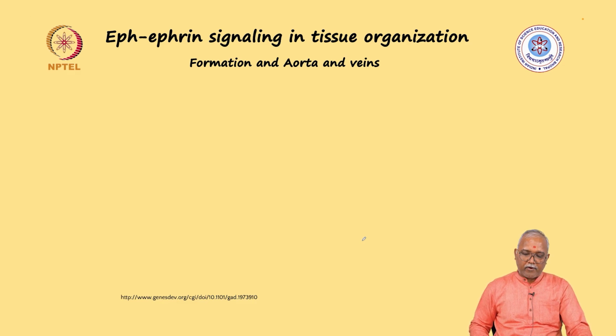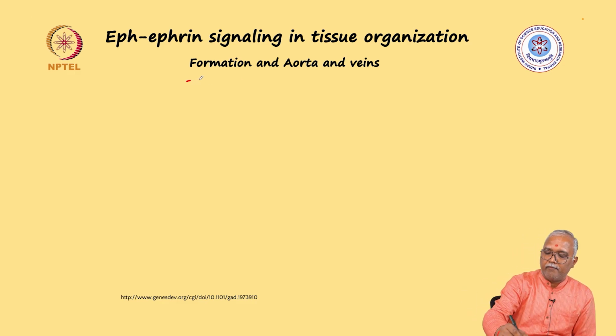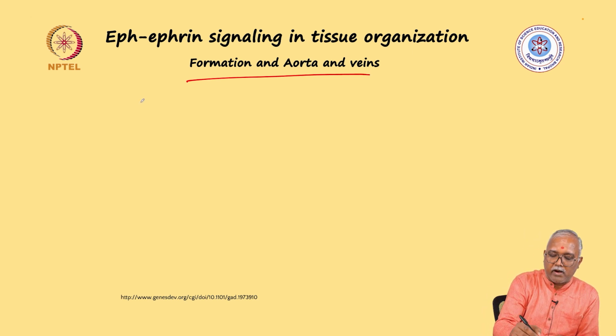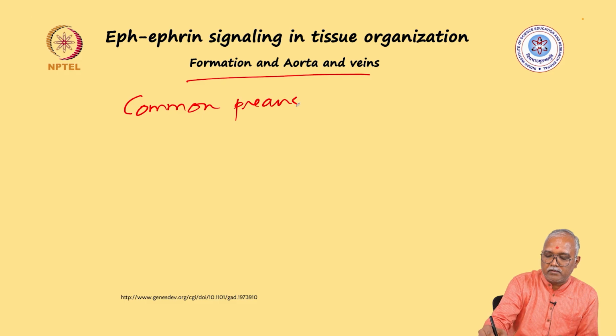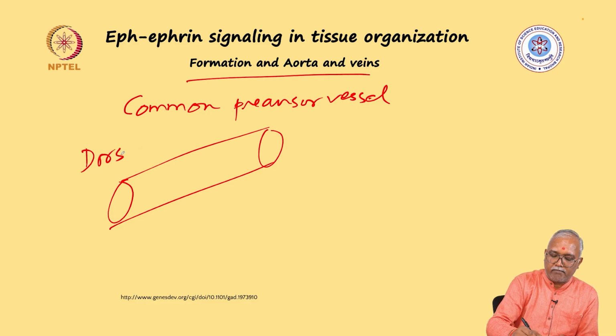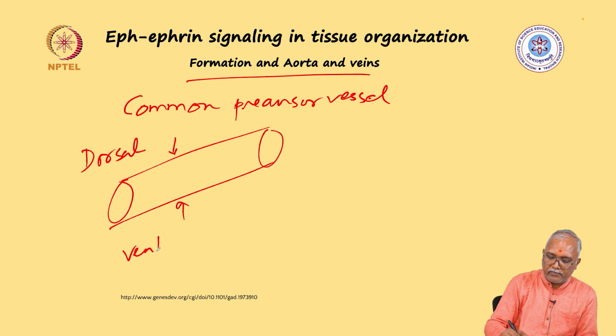One more example comes from the aorta and vein formation. If you think about an early developmental event where you have a common precursor vessel, if you think about this as a vessel like this, from a physiological point of view there is a dorsal surface and there is a ventral surface.